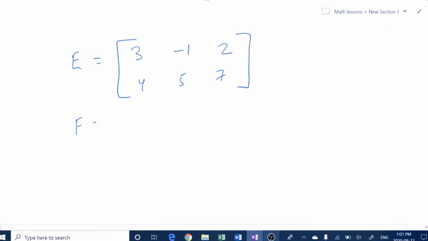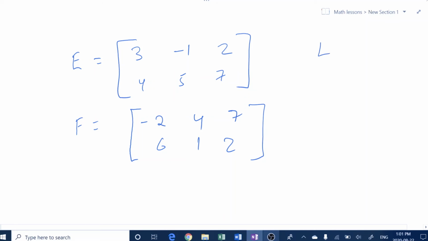And F is equal to -2, 4, 7 and, in the second row, 6, 1, and 2. I need to add E plus F. In order to add these two, I first have to identify the order of the two matrices. Are they the same?